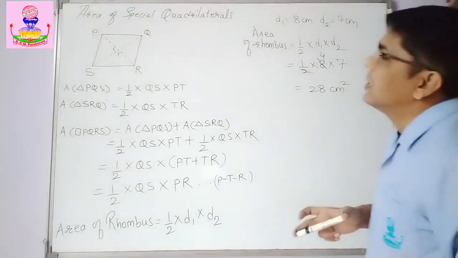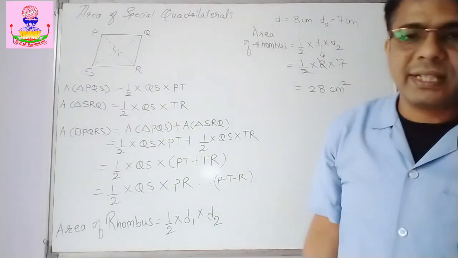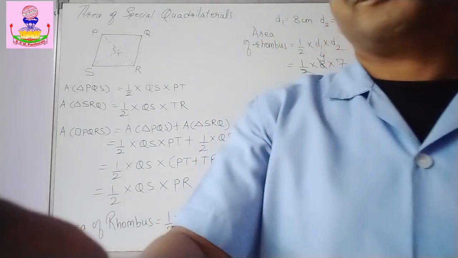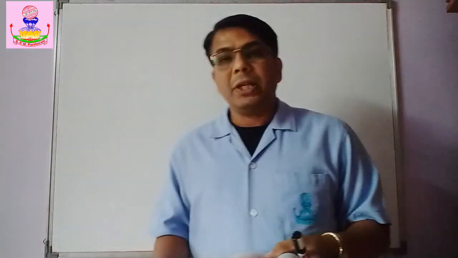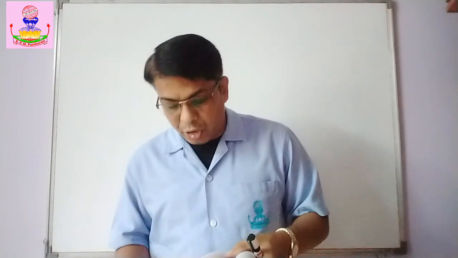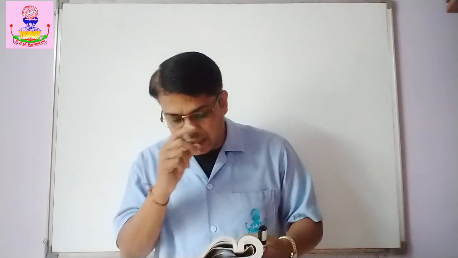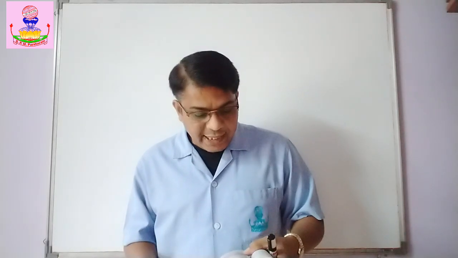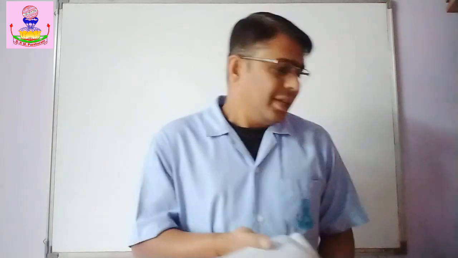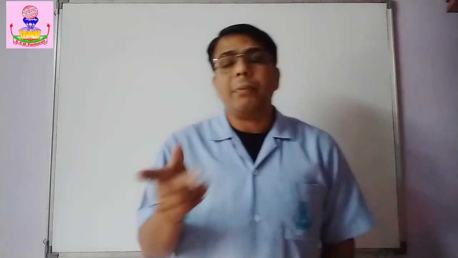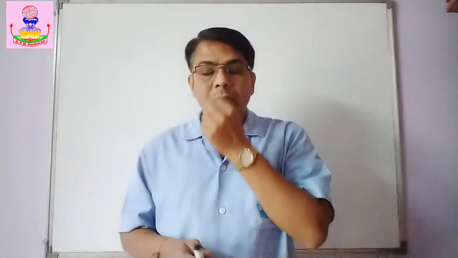Okay. Now next is think, discuss and write. A parallelogram is divided into two congruent triangles by drawing a diagonal across it. We have seen it. Can we divide a trapezium into two congruent triangles? Now see here. In case of parallelogram, what happens?